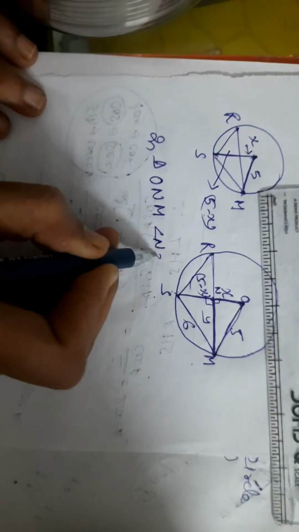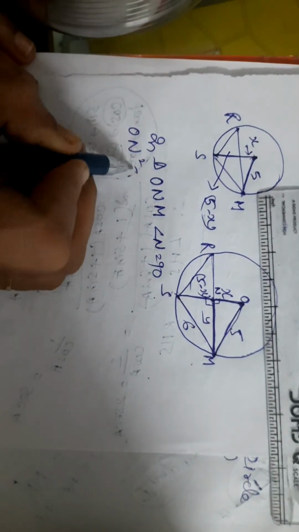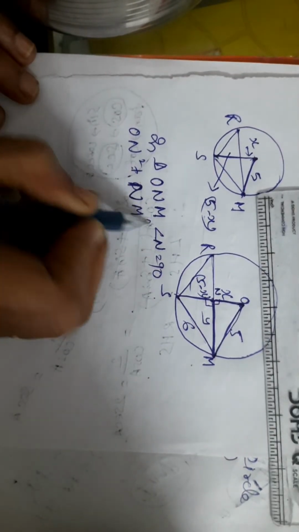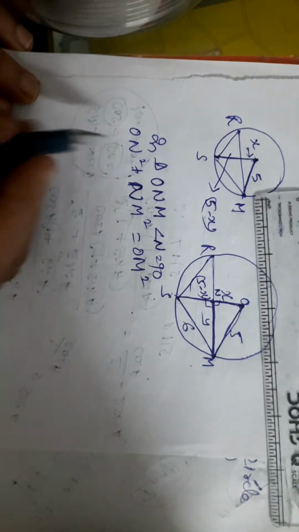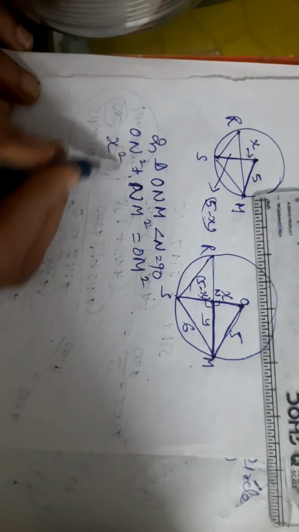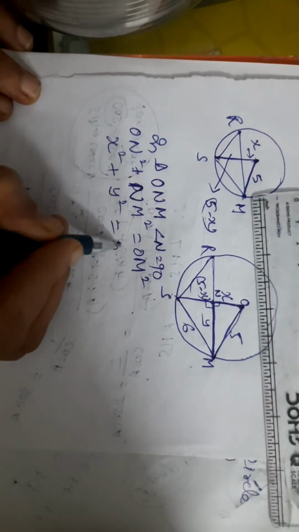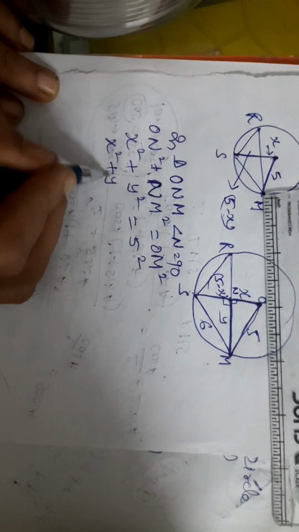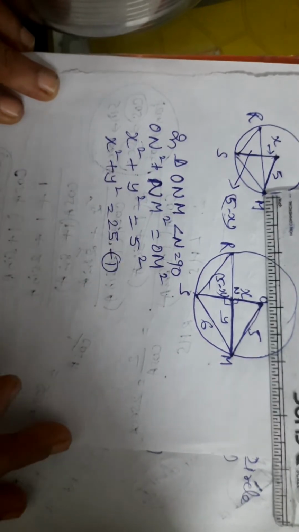Angle N is 90. So ON square plus NM square is equal to OM square. Perpendicular plus base square is hypotenuse square. Here ON is x, NM is y, this is 5. So finally x square plus y square is 25. This we got as the first equation.